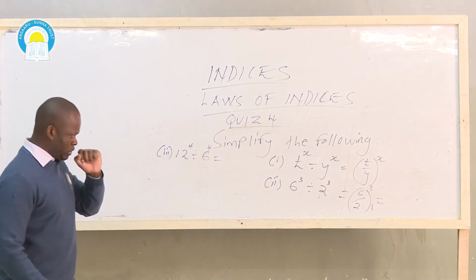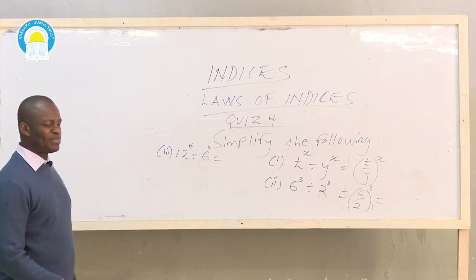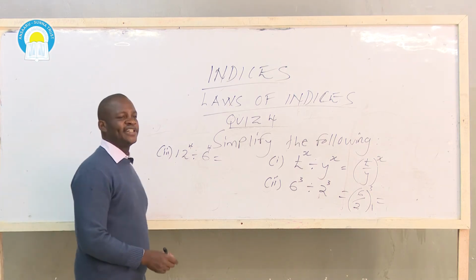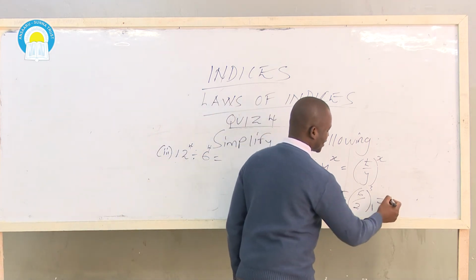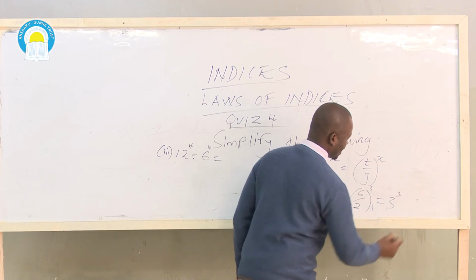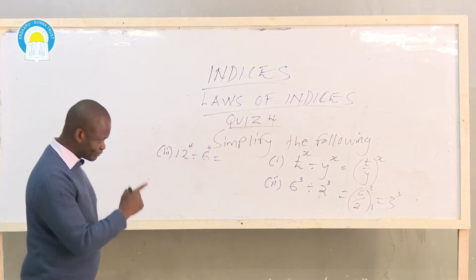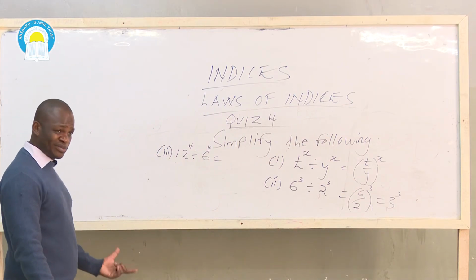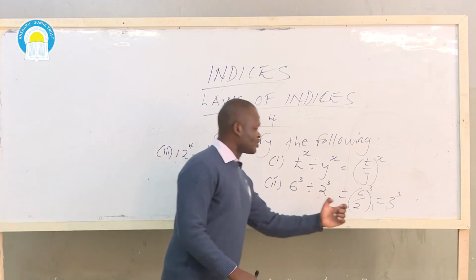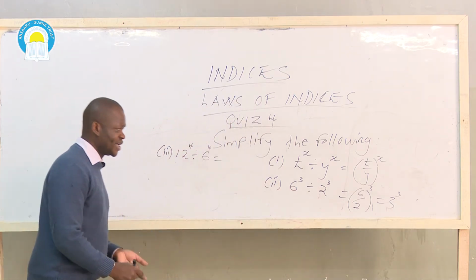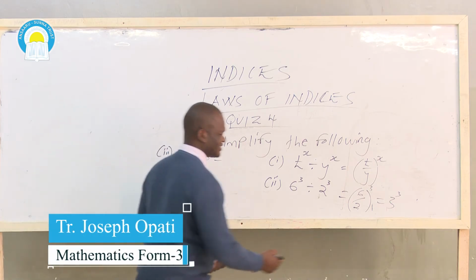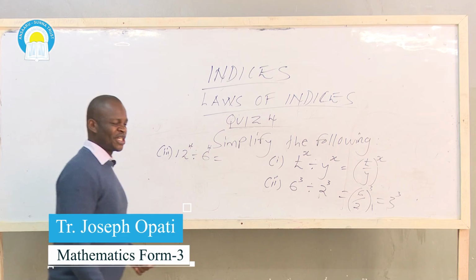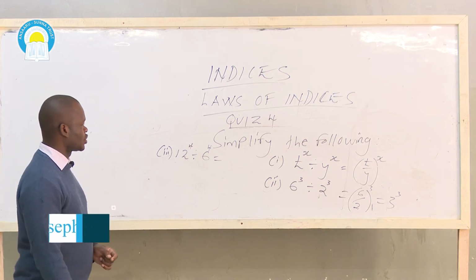Then go ahead and simplify whatever is inside the bracket. What do we get? Of course, we get 3 power 3 as our final answer. Now, assuming we wanted you to give your answer in index form. If there's a different condition, for example, you give your final answer as the expanded form, it should be 27.